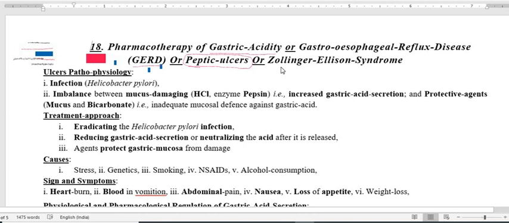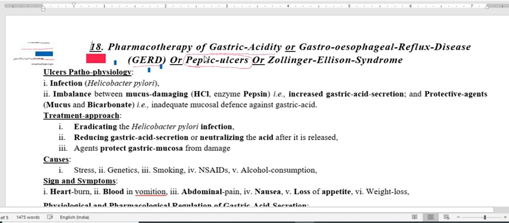So let us start with the drugs used to treat acidity, peptic ulcer, GERD or Zollinger-Ellison syndrome.